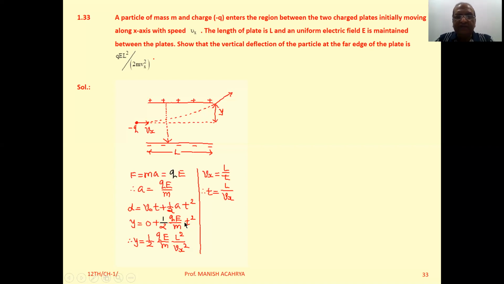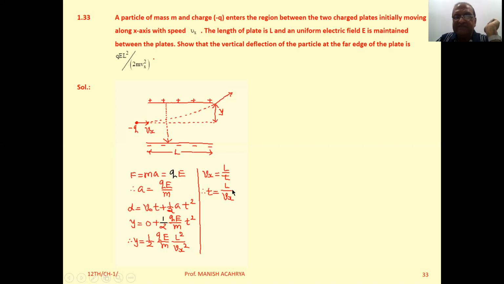Now we have to find this time t. So here the time interval in which it covers this particular distance L with horizontal constant velocity Vx. In the same time interval, there is the vertical deflection equal to y. Now horizontal constant velocity Vx is distance upon time.